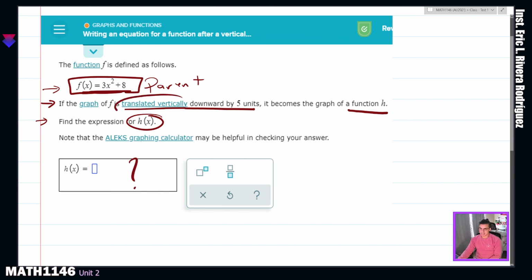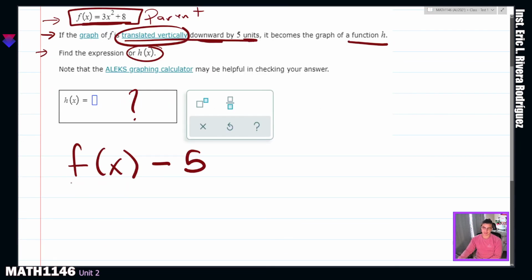Translated vertically, we know vertically means that we are going to be working with the output, and it goes downward 5 units. So f of x minus 5.